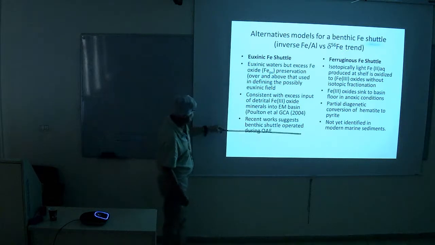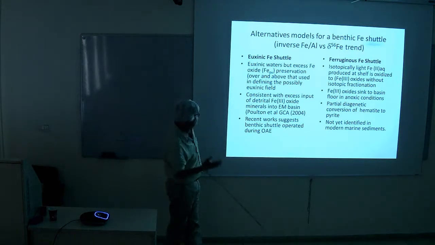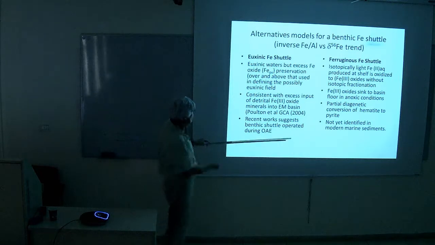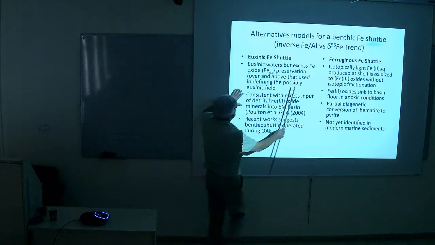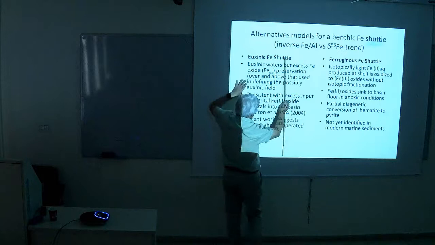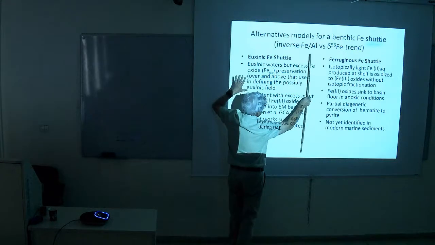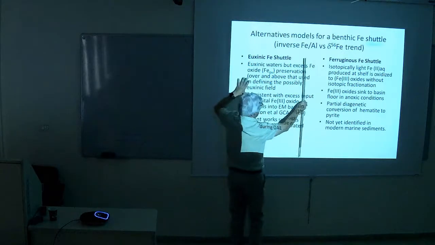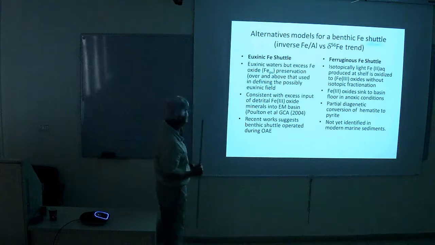There's been recent work that has suggested that the euxinic shuttle also operated during oceanic anoxic events. And we have other data on molybdenum isotopes, which also suggests euxinic conditions. So I would love this model to be true, to be fun, but the truth is it's very likely that the sapropels are, in a sense, a Black Sea euxinic story with added iron.